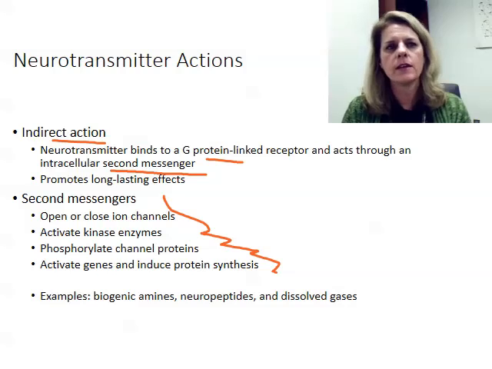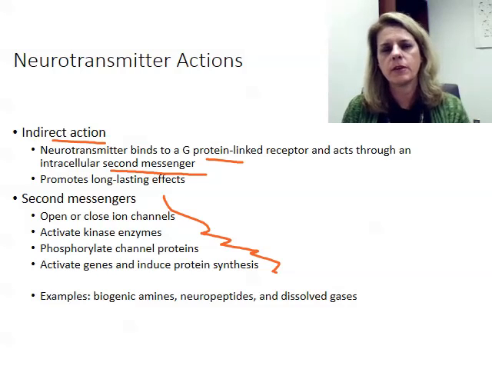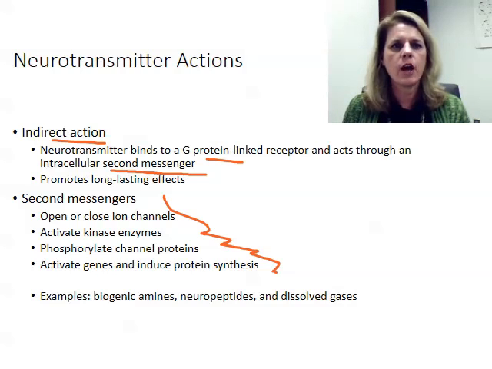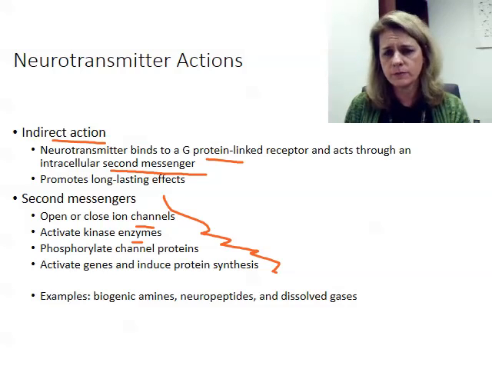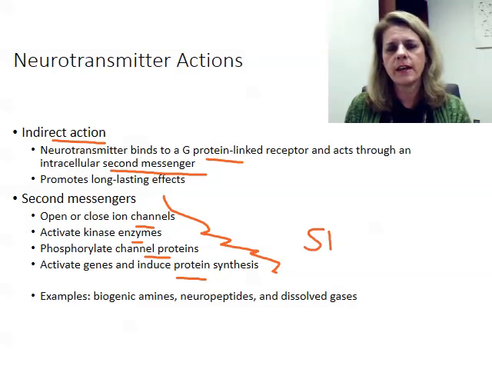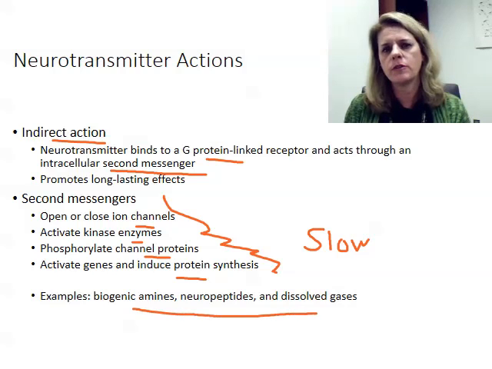Okay, so I'm going to show you a picture of this. But second messengers can open and close channels, they can activate enzymes, they can change protein structure, they can activate genes, and so these are slower. These take a while. And some examples of these are your amines, your neuropeptides, and your gases.